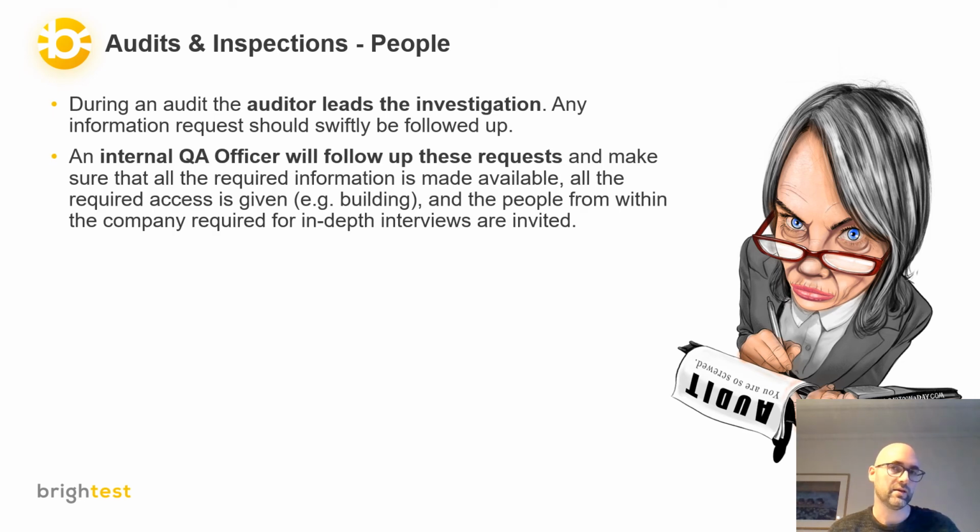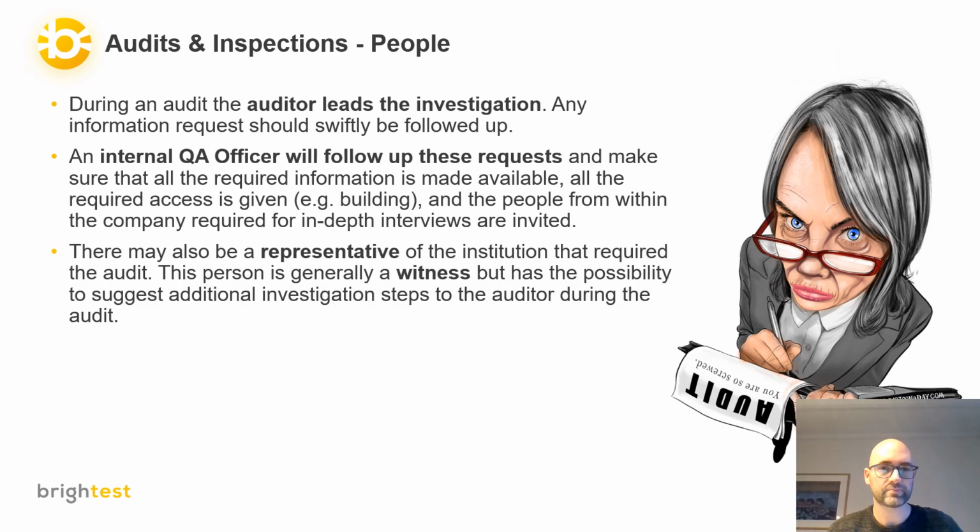Within the company under inspection, there's an internal QA officer who will follow up the requests and make sure that all information and everyone is involved. All kinds of access are given to the auditor that he or she needs for the investigation, and the QA officer also makes sure that people from within the company are planned for in-depth interviews and all those kinds of meetings.